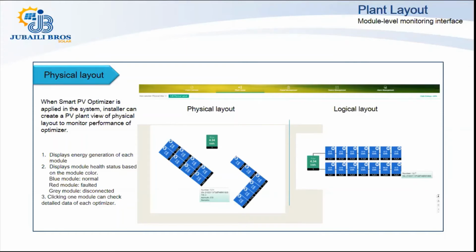The ones that are blue are running fine, and blue is normal. If a module is red, it means it is faulty. If it is gray, it means it is disconnected. It might have been disconnected, or maybe there is some disconnection due to damage in the cable.